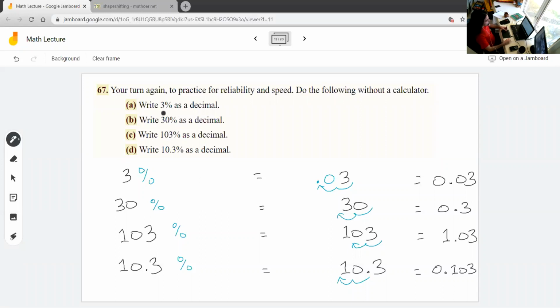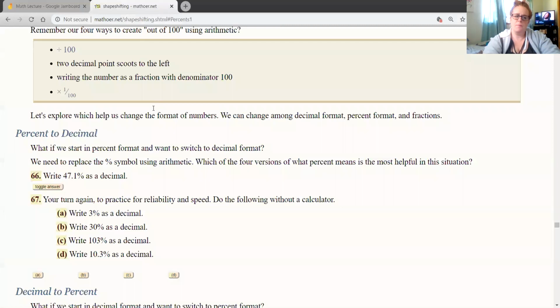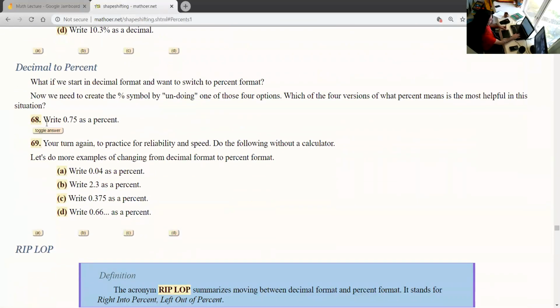Okay, we just did percent format to decimal. What do you think we're doing next? Decimal to percent. Yeah. So now we want to do the opposite. So I have a number that has no percent on it.